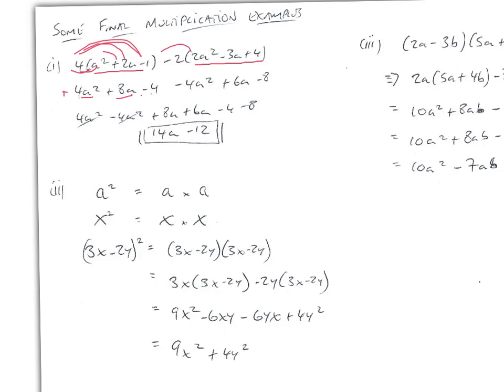Minus 2 by 2a squared, minus by plus is minus 4a squared, minus 2 by minus 3a, minus by minus is plus, and 2 by 3a is 6a, and minus 2 by plus 4, minus by plus is minus, 2 4s are 8.